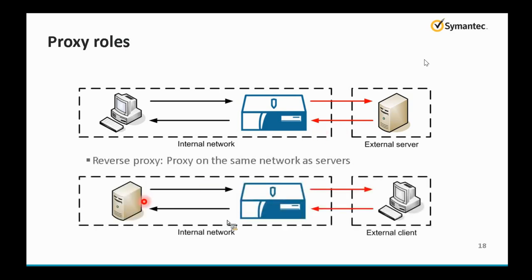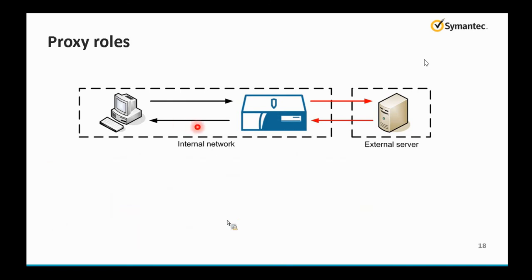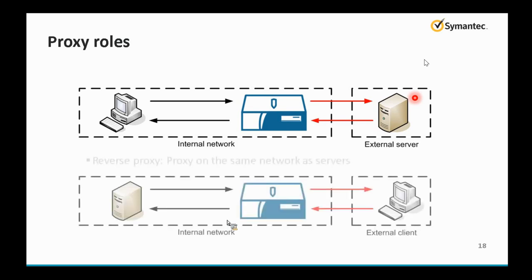Another role of the proxy, it can be used as a reverse proxy. So when you say reverse, this time, the proxy is protecting your website. In forward proxy, you are protecting your user against websites on the internet. That is forward, very common role of the proxy.